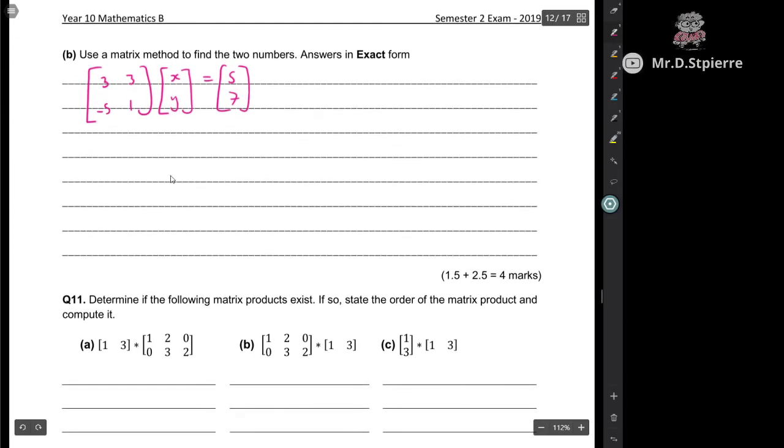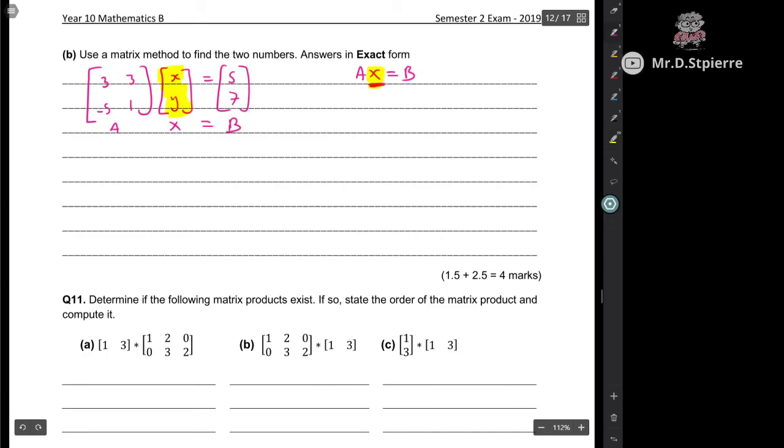So we have A X equals B when we write matrix form, where our matrix X has our unknowns in it. So we want to figure out what this matrix is.